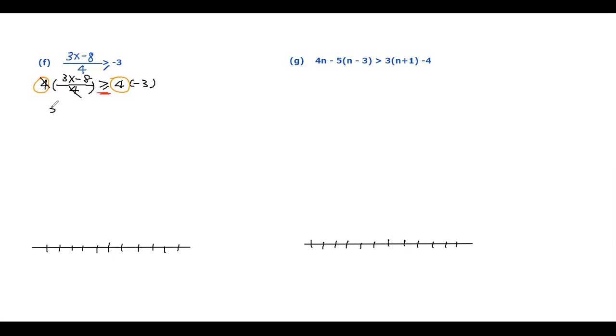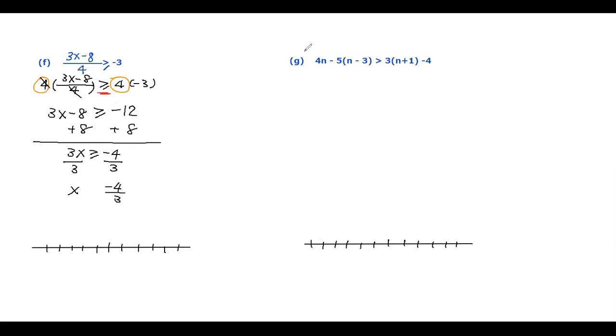Okay, so here the 4 cancels. So my left is 3x minus 8. 4 times negative 3 is negative 12, right? Okay, so now I can do plus 8, plus 8, right? So now I have 3x greater than or equal to negative 4. Now I divide by 3, divided by 3. So I can say x is greater than or equal to negative 4 over 3.